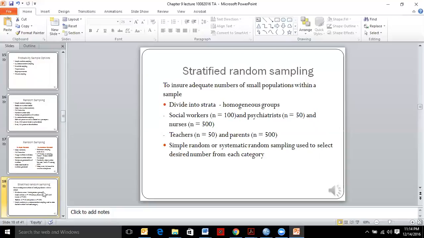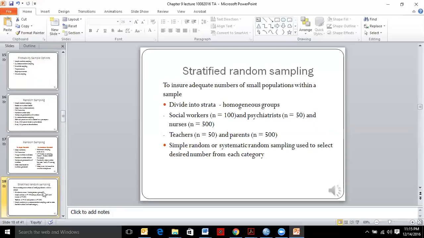In stratified random sampling, it's used to ensure an adequate number of a small population within a sample. So we divide them into strata or homogeneous groups.